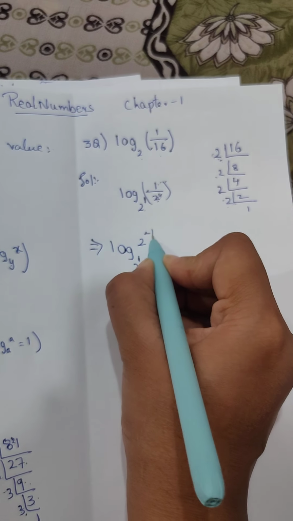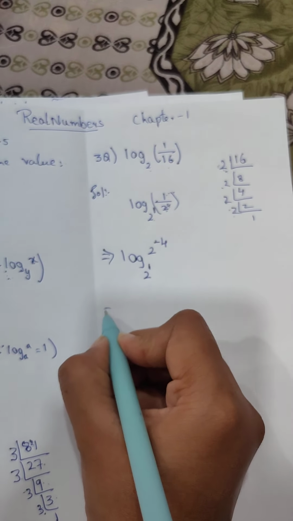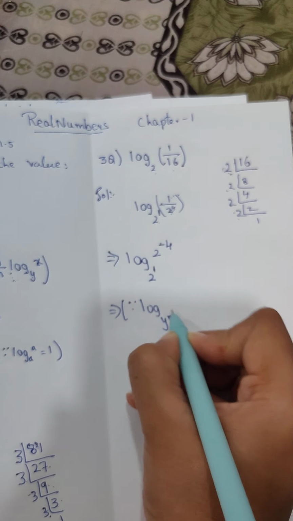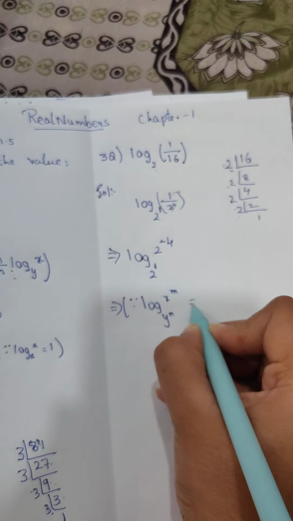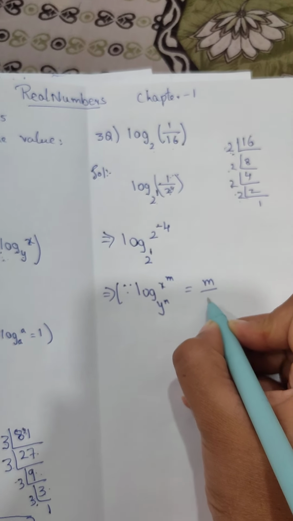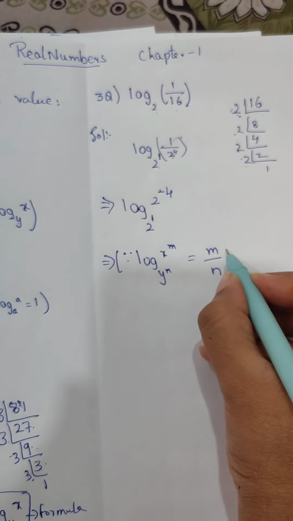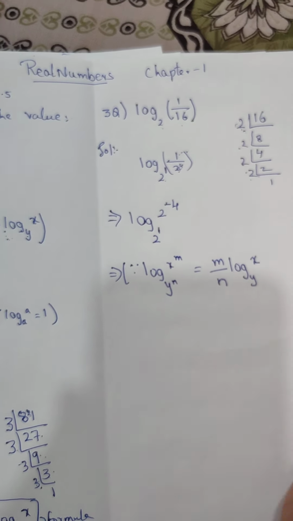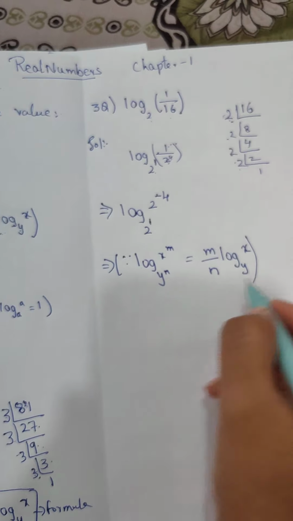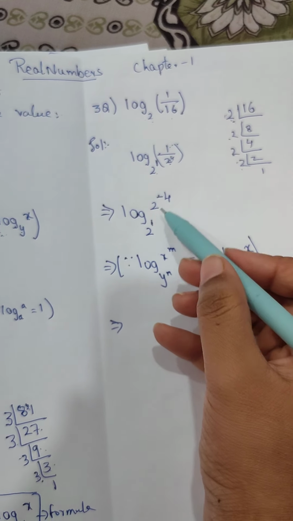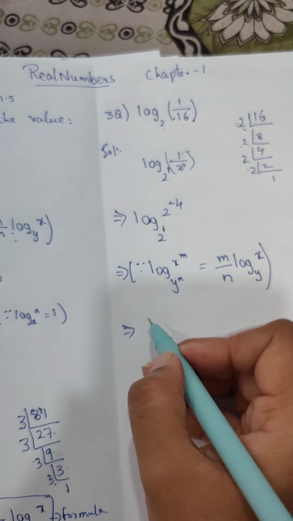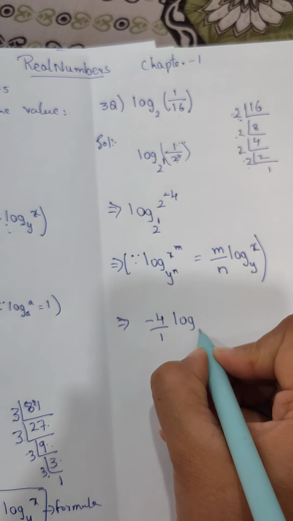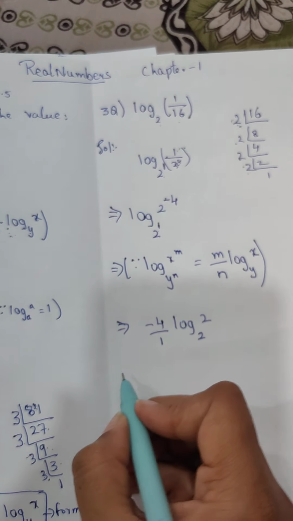Now again by using the formula from the previous sum, log y power n, x power m is equal to m by n, we take the powers in front of the log, and write the base the same and the x value the same. What are the powers? Minus 4 by 1. So minus 4 by 1 log, base 2 and x value 2.